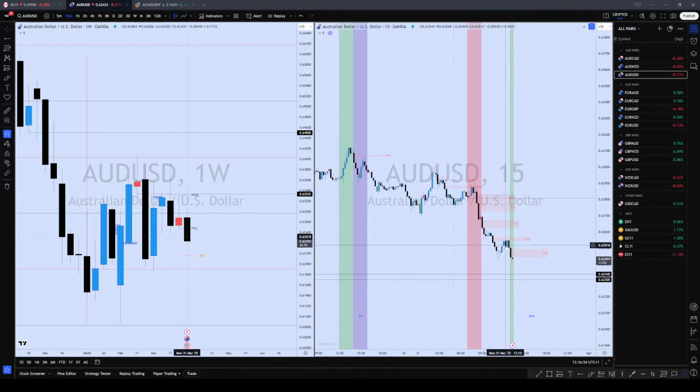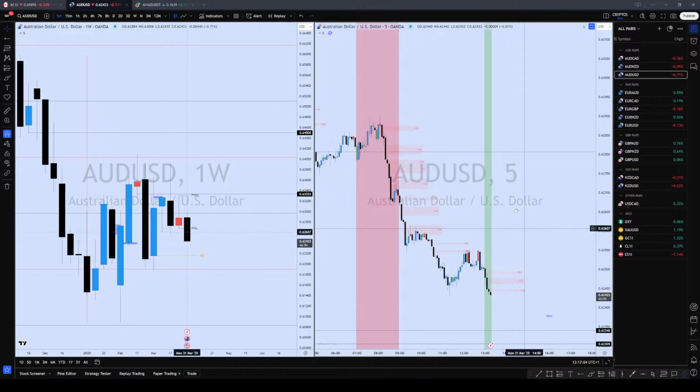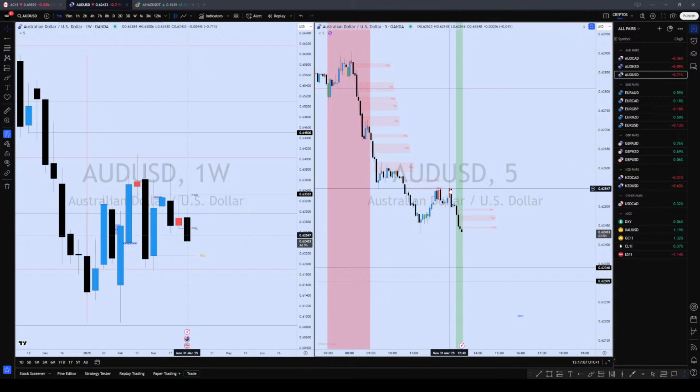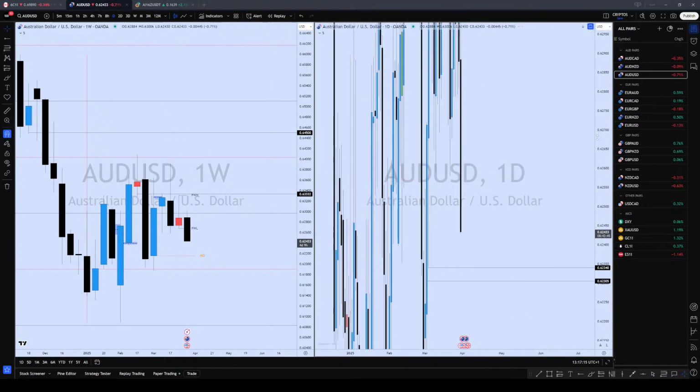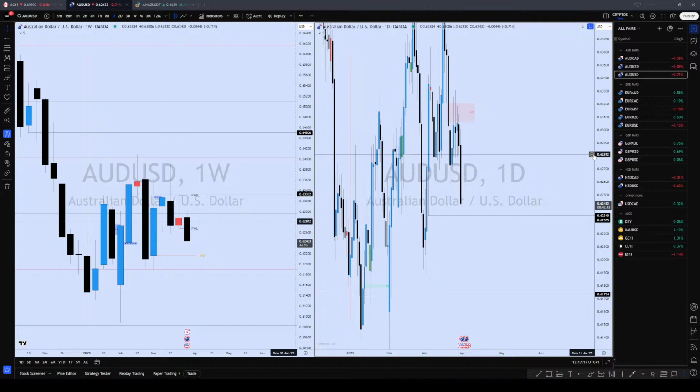So if this is the last up candle, when we get here, wait for it to break and then buy. If you want to use the 5 minutes, the same thing. If this is the last up candle, when you get here, wait for that up candle to be broken and then you buy that. Okay, so there you go.